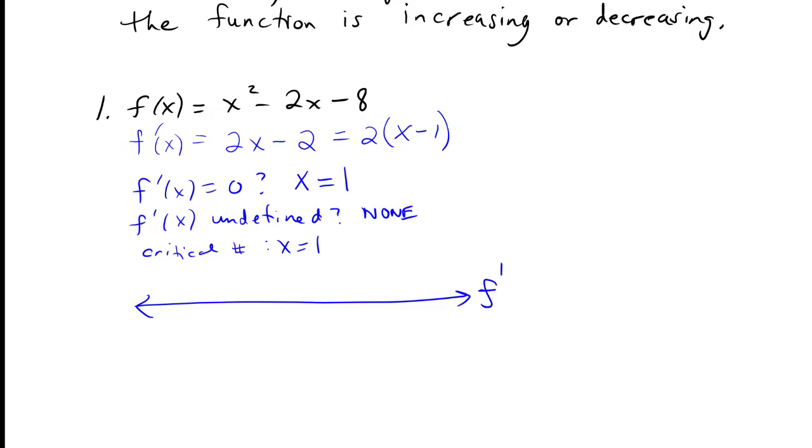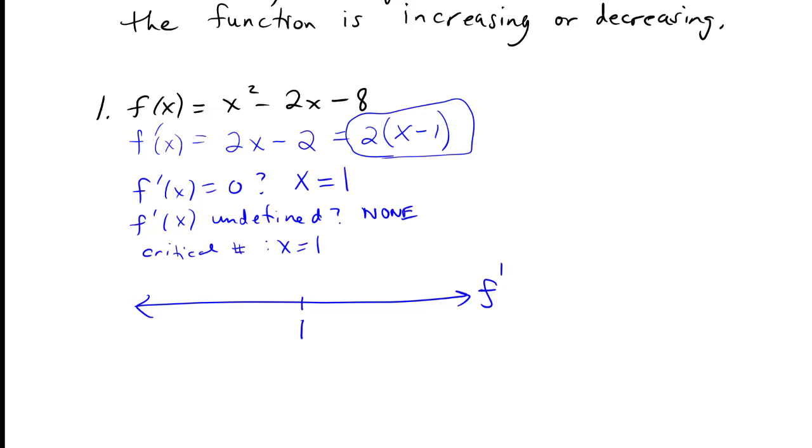So we're going to put just the point 1, because that's our only critical number. And then we're going to go into each region and see what the sign of f prime is. So I'm going to go back to f prime right here and take any number from the region less than 1.